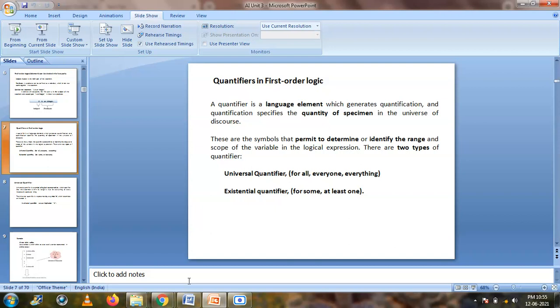The existential quantifier means for some, at least one. So it's not a general one. You have to point out at least one person, or one group, or some particular one. That is called the existential quantifier. So finally it gives the quantity of the particular object or people.